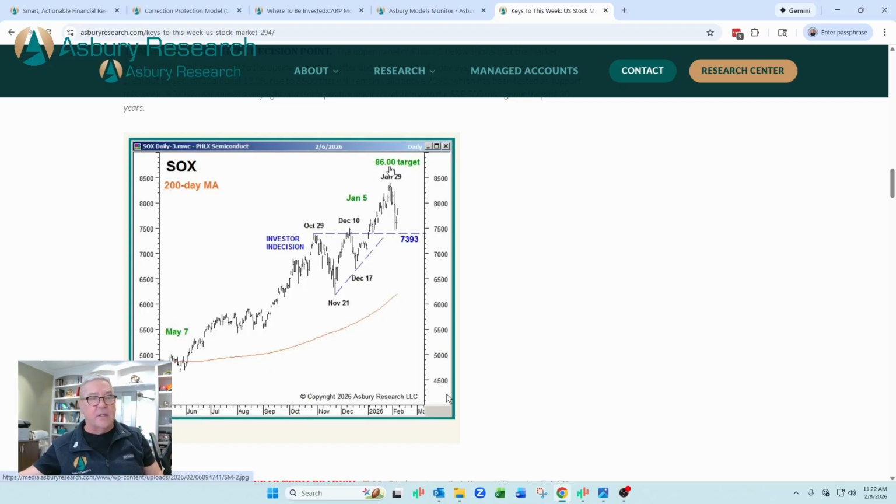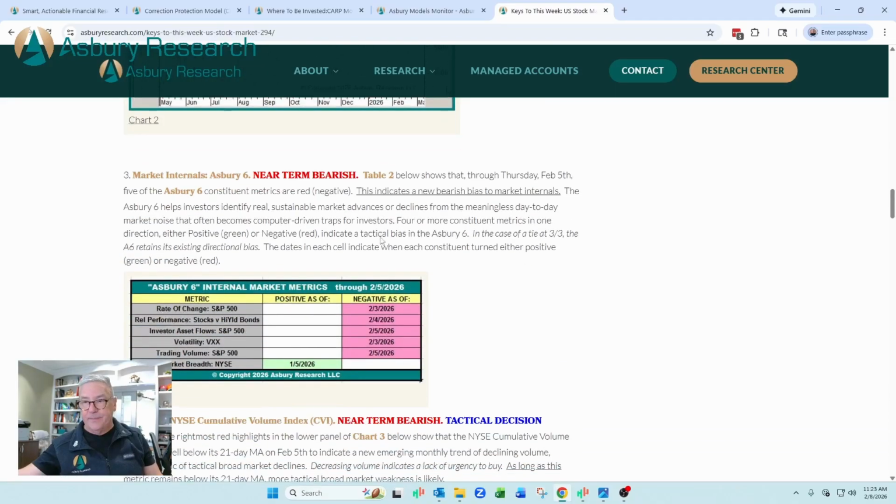Target's 86, which is about 12-13% higher than where we are right now. You could see we came back and retested the breakout late last week, and then we had a strong day up. 73.93 is the level to watch in SOX. If we break down through it, this pattern failed, which means the market changed its mind on the direction of semiconductors. As long as 73.93 holds, targets a move to 86.